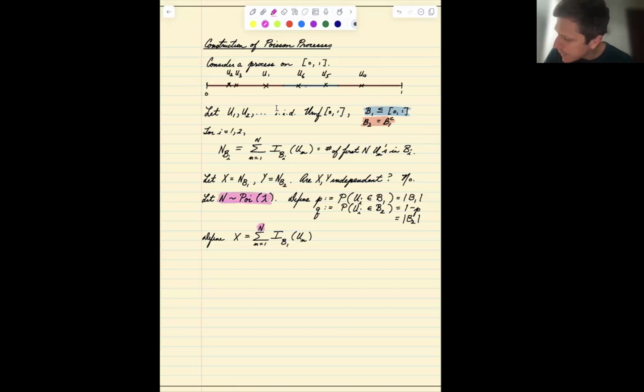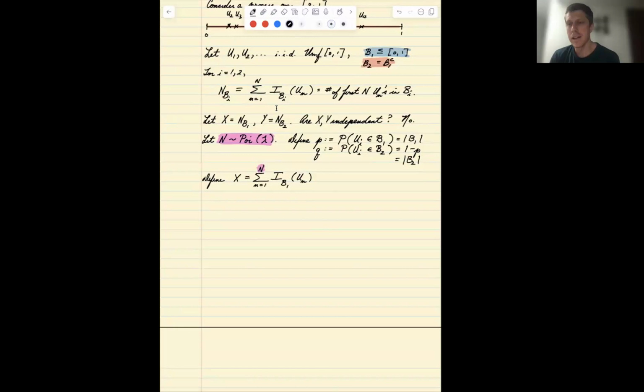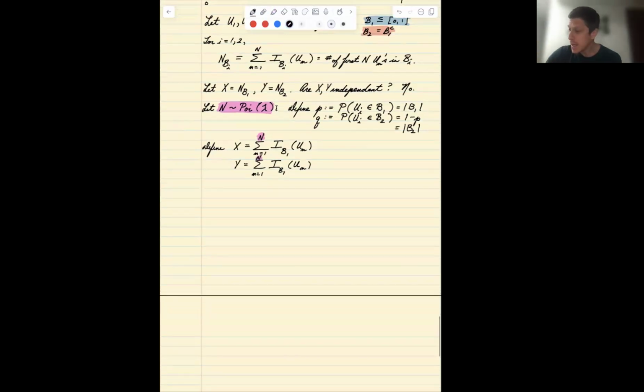We haven't fixed it as an integer. So if I tell you how many of the first random number of points fell within region B1, does that tell me how many points fell in the other? No, it doesn't. It's still a random variable. The question is, what is this distribution? And Y is going to be the number of points that fall within B2 among the first N, where N is Poisson.